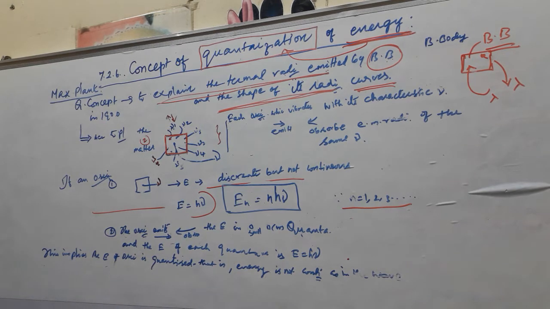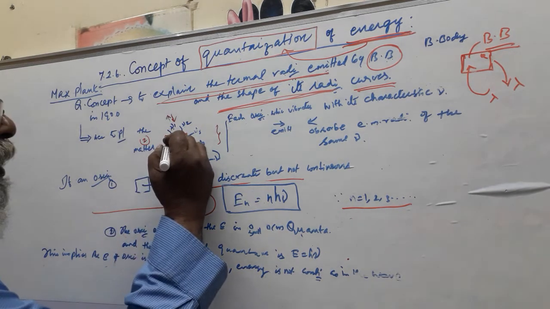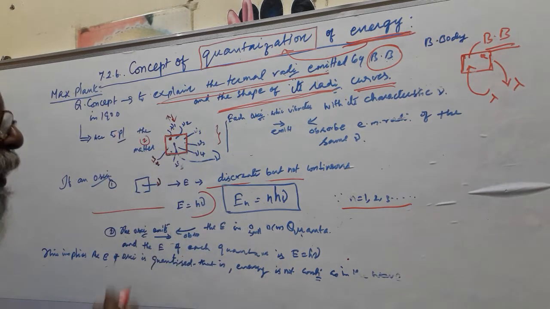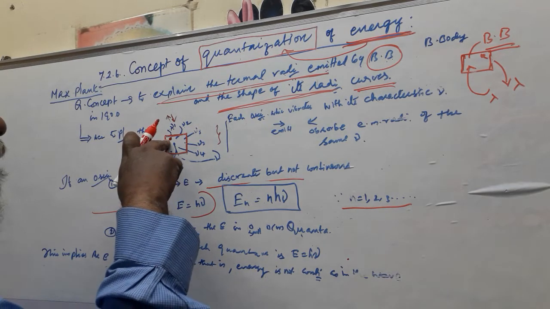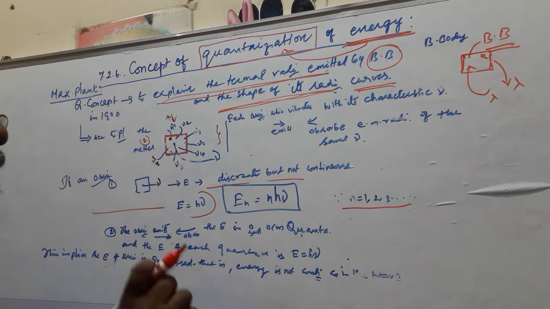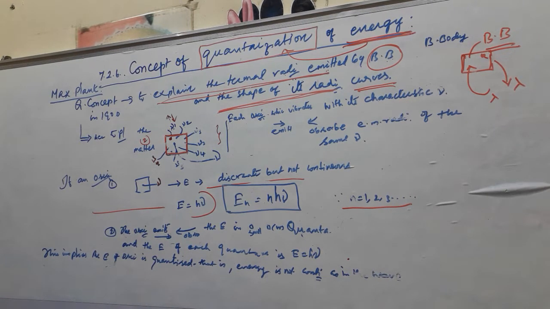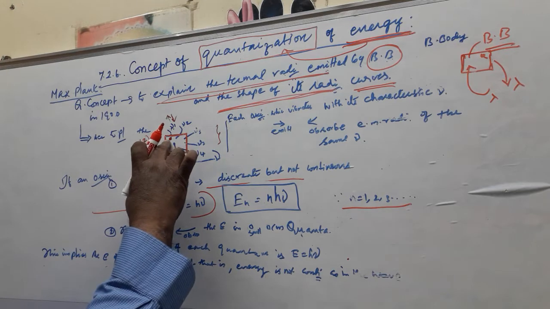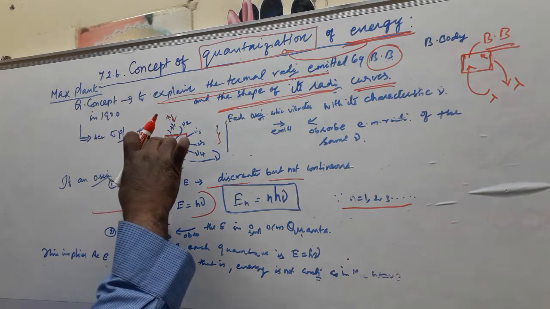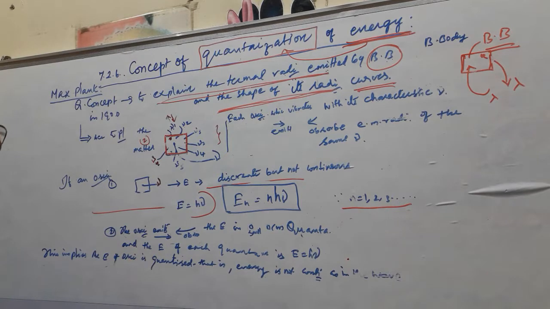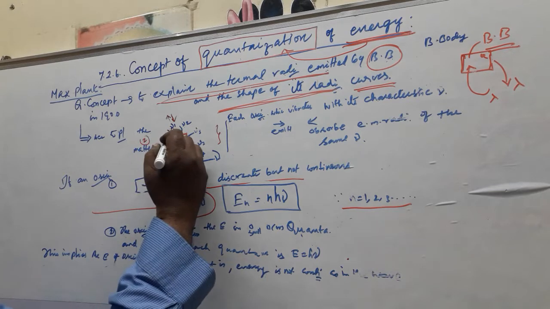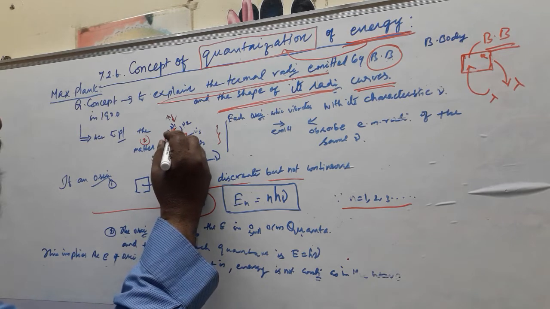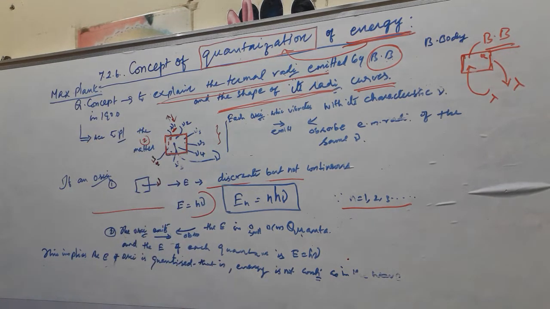Here, each and every particle, or each and every atom of the matter, is considered to be an oscillator, and this oscillator vibrates with its characteristic frequency. What is the characteristic frequency? If you consider particle 1, then it can vibrate with frequency nu1. This frequency is called the characteristic frequency of particle 1.